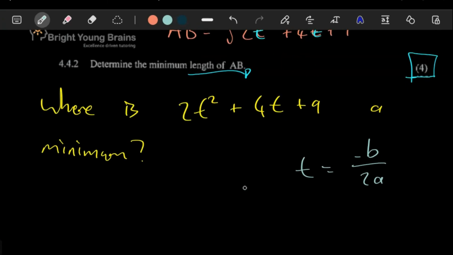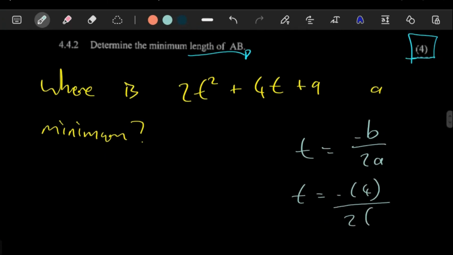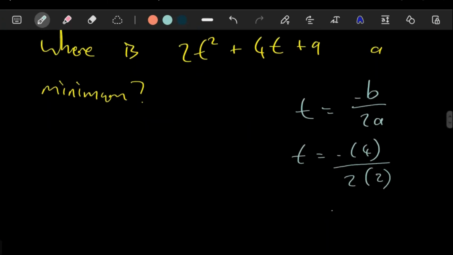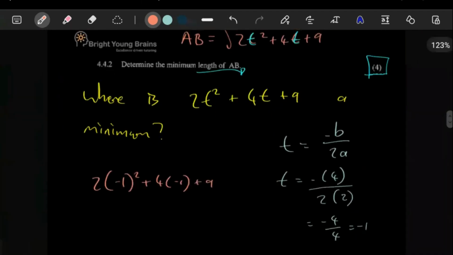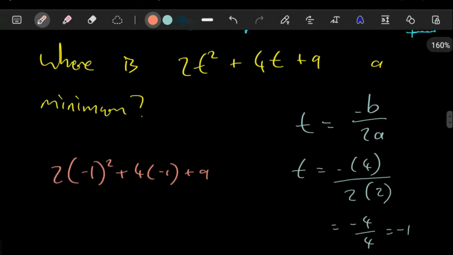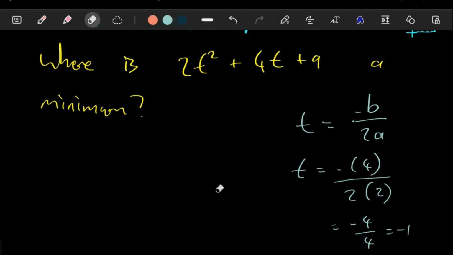So here, to get a value of t that causes the minimum length, we put minus 4 over 2 times our a value, which is 2. This is negative 4 over 4, which is negative 1. So the value of t is negative 1.